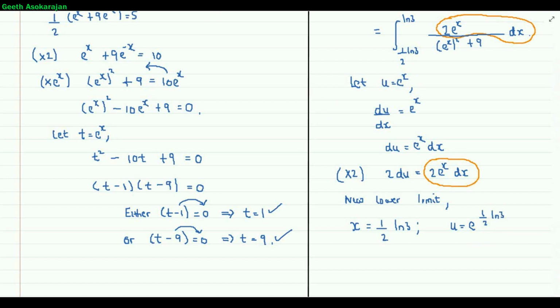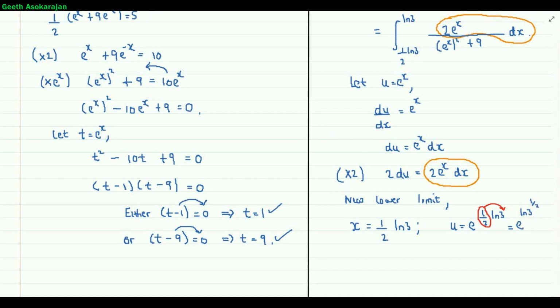Now let's go one stage further. Using the power law of logarithms, this half we can make it a power. So half ln 3 is the same as ln 3 to the power of half. So I can write that as e to the ln 3 to the power half.